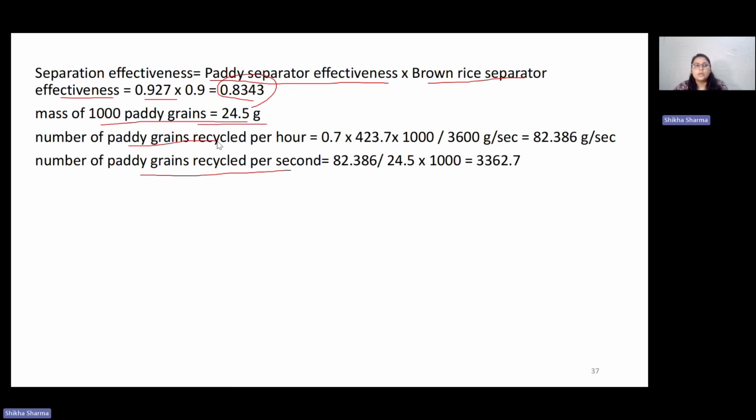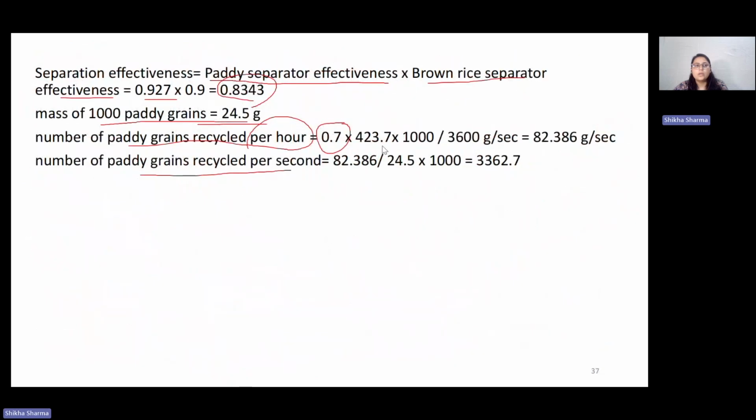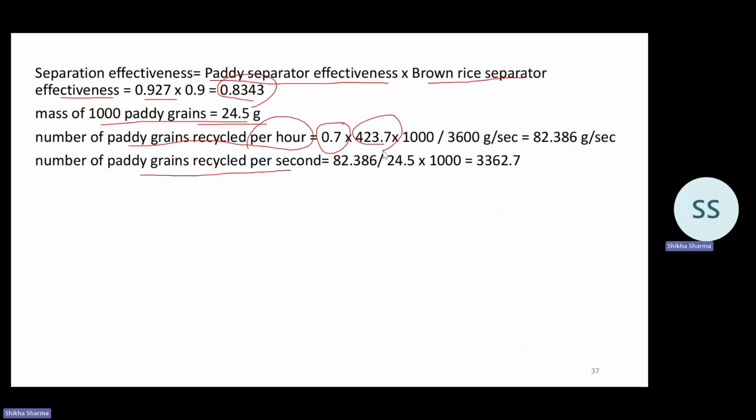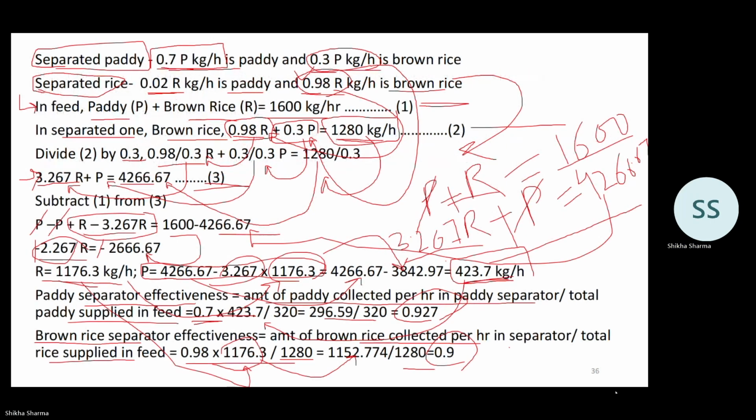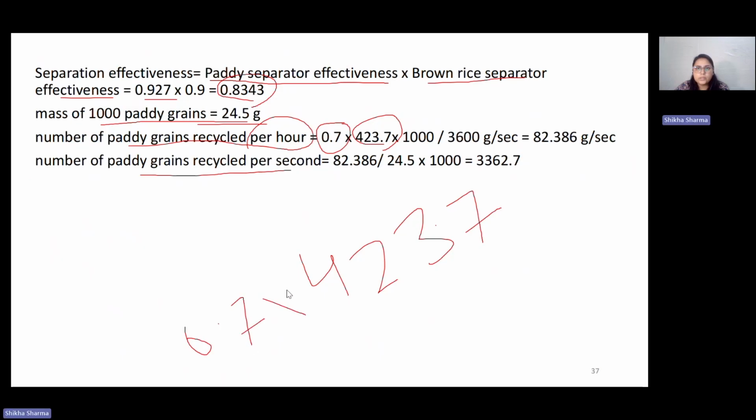So the number of paddy grains recycled per hour will be equal to the fraction of the paddy, which is this 0.7, multiplied by how much paddy we are getting, 423.7, which is in kg per hour.